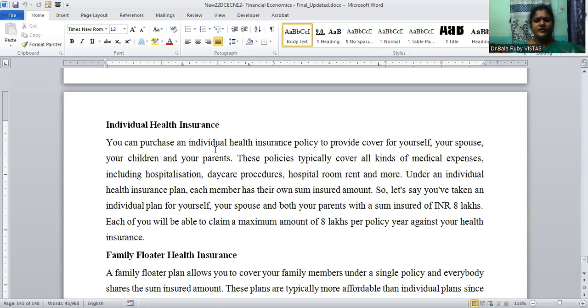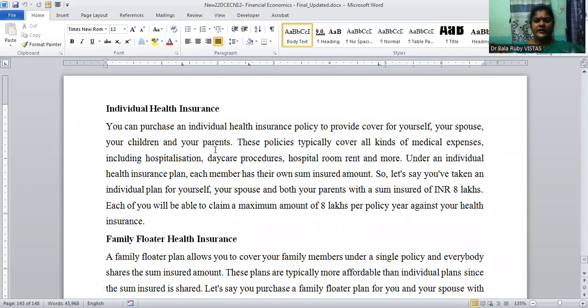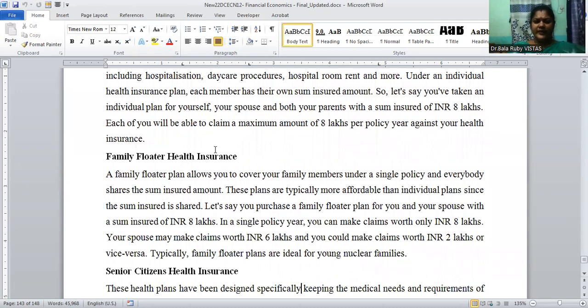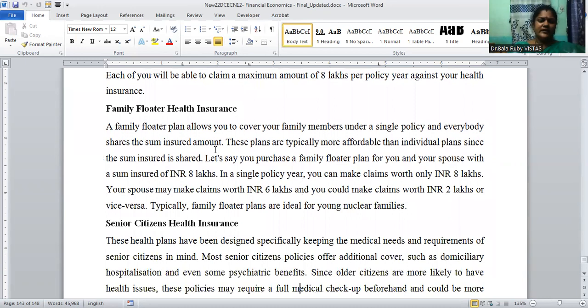Under an individual health insurance plan, each member has their own sum insured amount. Let's say we have taken an individual plan for ourselves, our spouse, and both of our parents with a sum insured of INR 8 lakhs. Each of us will be able to claim a maximum amount of 8 lakhs per policy year against our health insurance. The next one is family floater health insurance.